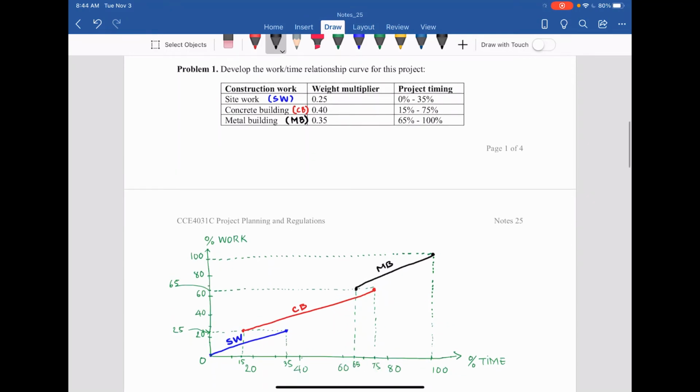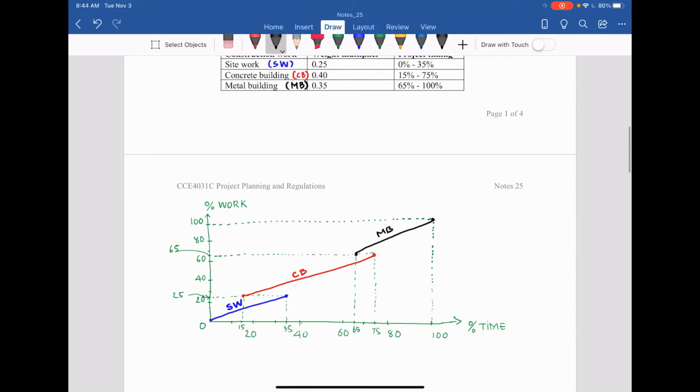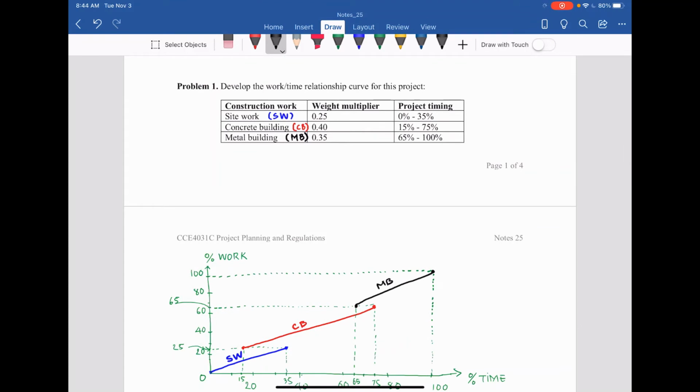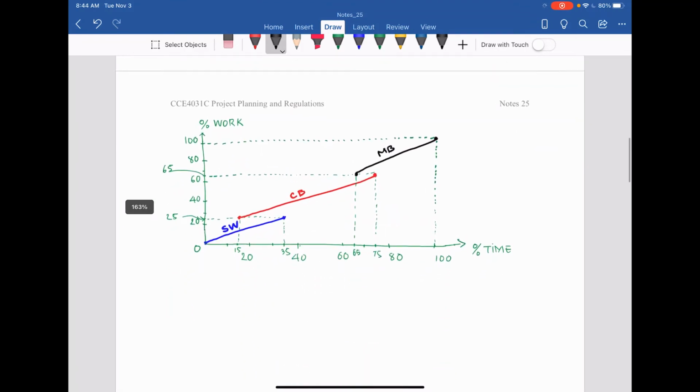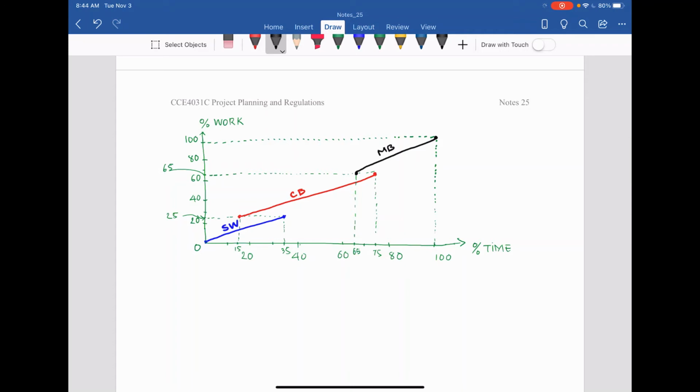Now, for this project, how can we complete the work time relationship curve for the 3 single tasks here?